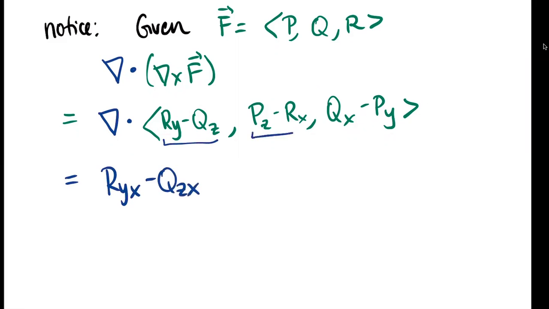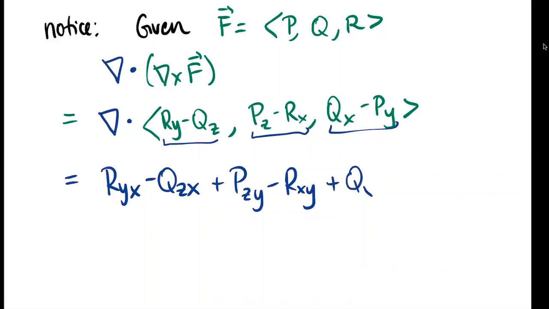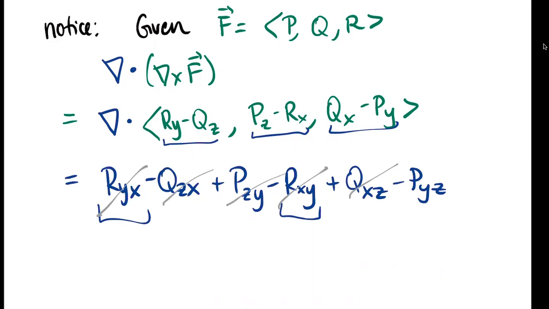And then I'm adding it to the partial of this with respect to y, p sub zy minus r sub xy. And adding that to the partial of this with respect to z, q sub xz minus p sub yz. And if I have continuous partial derivatives, then Clairaut's theorem is going to hold, and these will cancel, here, here, here, here, here, here, and we're going to see that the divergence of the curl will be 0.